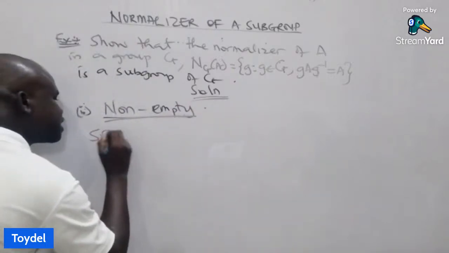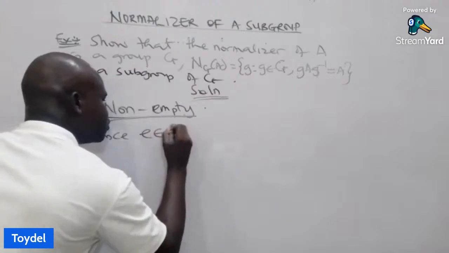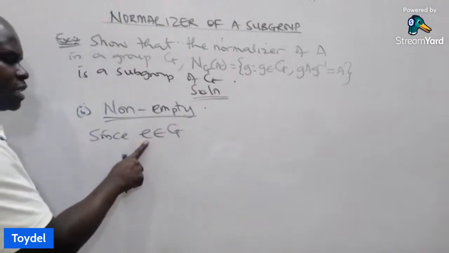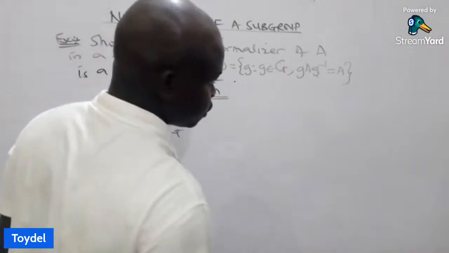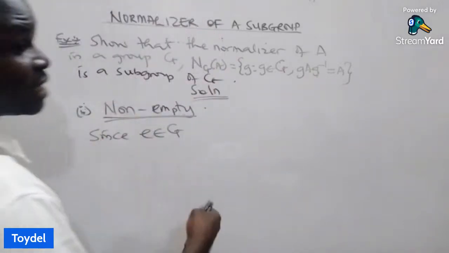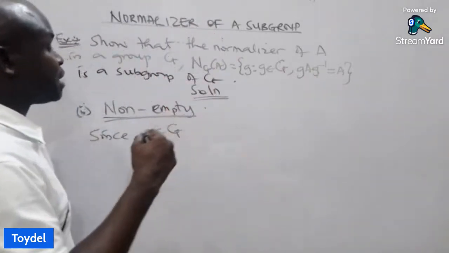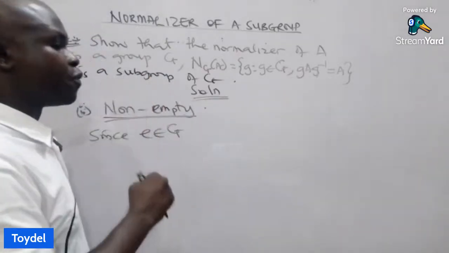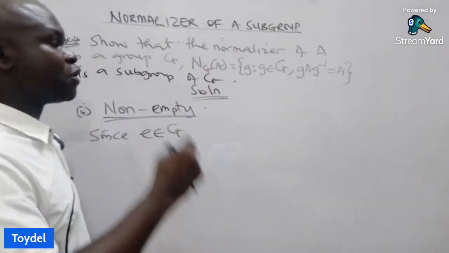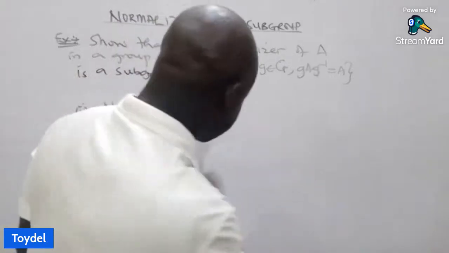Since e belongs to G, this is the identity element. The identity element belongs to any group or subgroup. Of course, any group or subgroup must have an identity element. We said at the inception of the course that every group we talk about must be non-empty. If a group has at least one element, it has an identity.